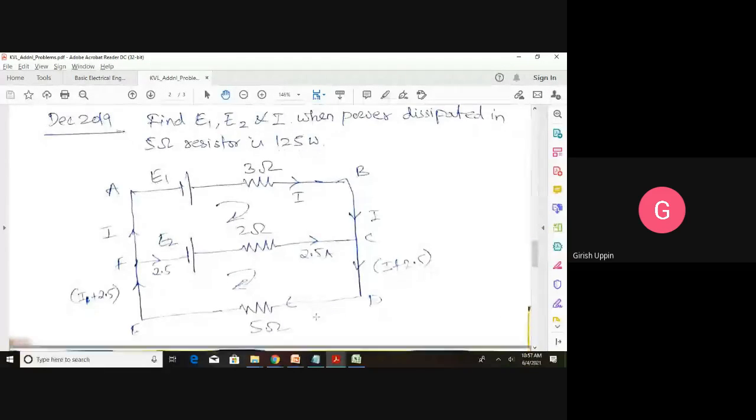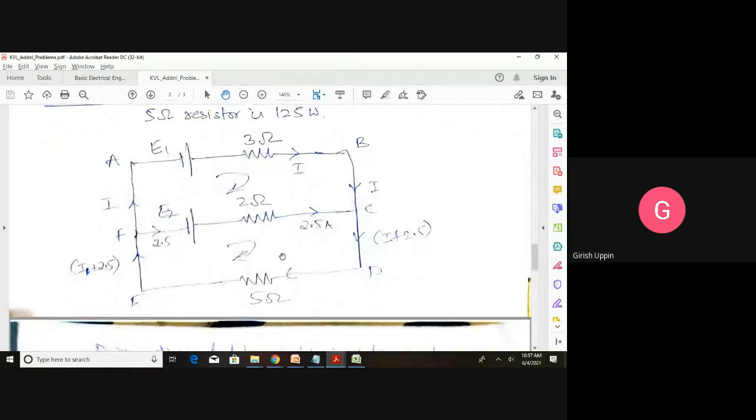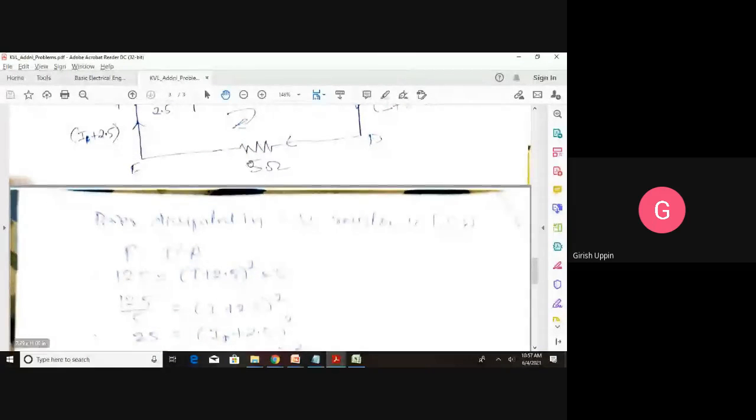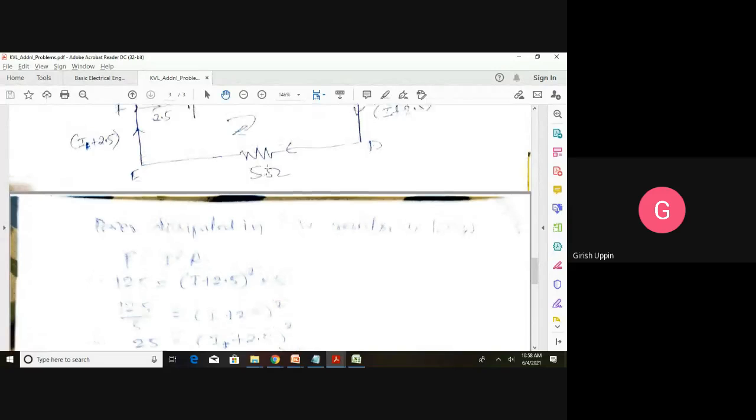All right. So they have given one piece of information, 125 watt, that is the power dissipated in this particular resistor. Using that information, we know the power formula. Here we want the current.